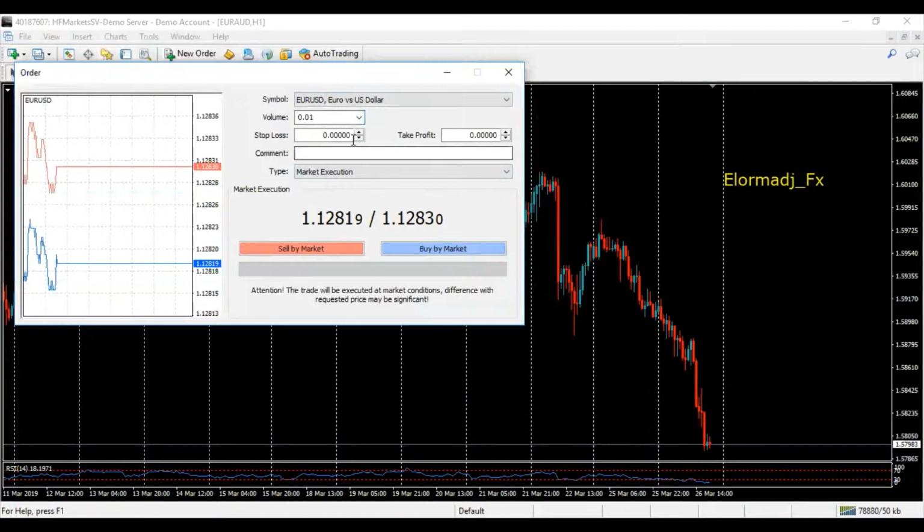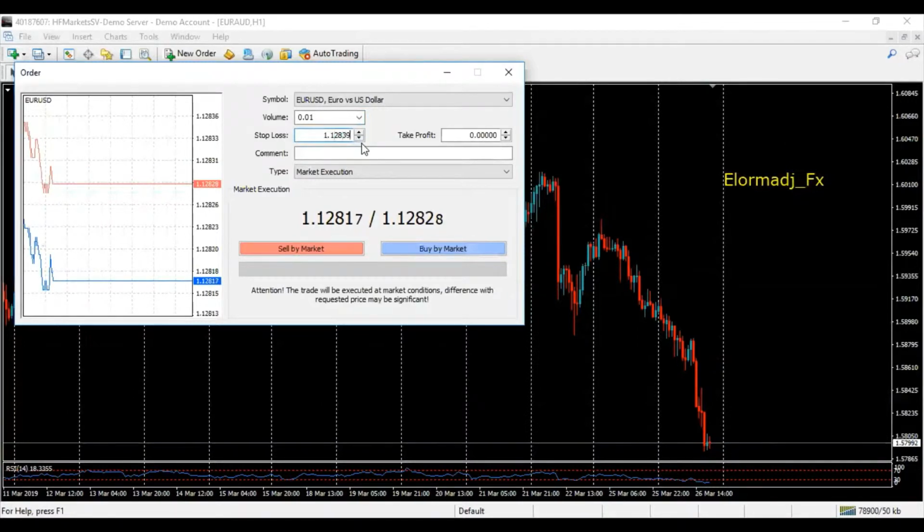So your stop loss could be 1.12839, which means 20 pips. You have to make sure that you do the calculation. The pip value of USD is $10 per pip.